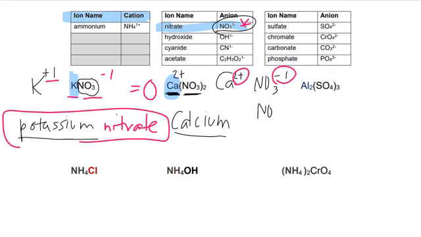So I need another NO3 -1 to give me -2 and a +2. That's why it says NO3 parentheses 2. That's telling me that I need 2 NO3s for the 1 calcium. So I'm just going to call this calcium nitrate.